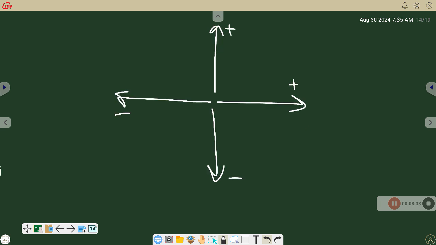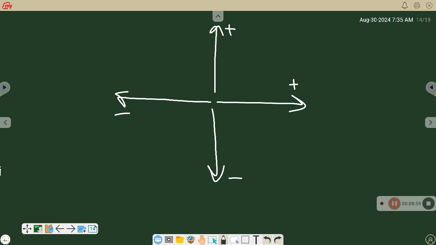So check it out. When it comes to physics, most of the time we are going to say that to the right and up are positive directions, and to the left and down are negative directions. Now, that is not some inherent fact about the world.